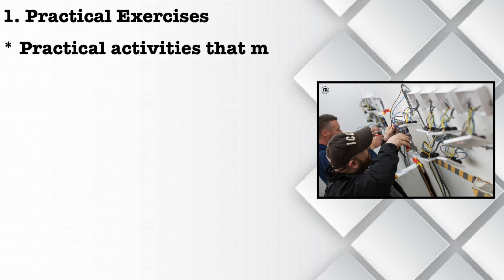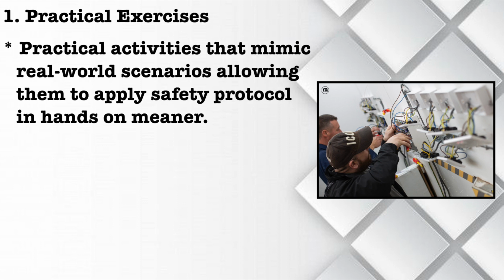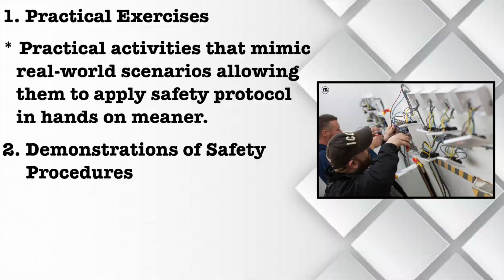First one is practical exercise. Participants engage in practical activities that mimic real-world scenarios, allowing them to apply safety protocols in a hands-on manner. Demonstration of safety procedures means the trainer demonstrates correct safety techniques and procedures, showing participants how to execute tasks safely.